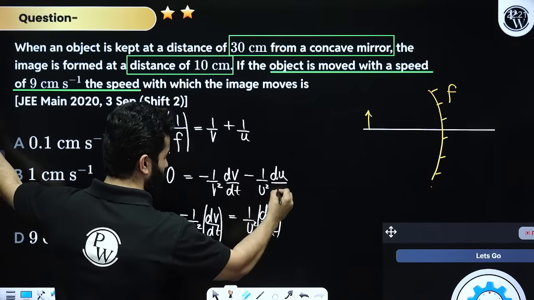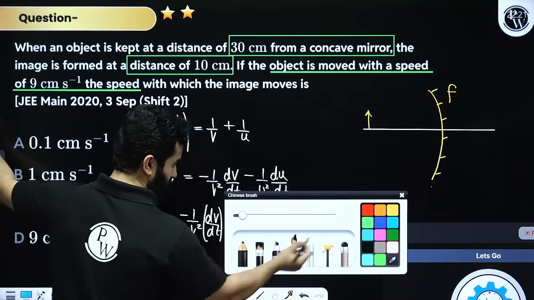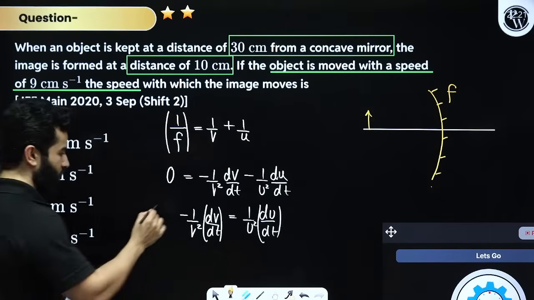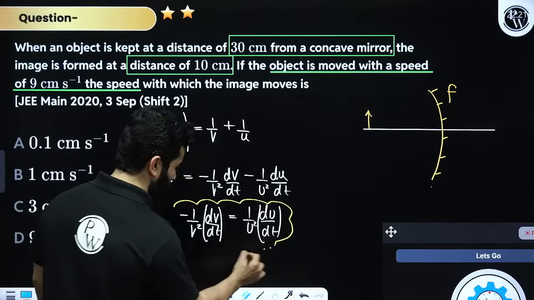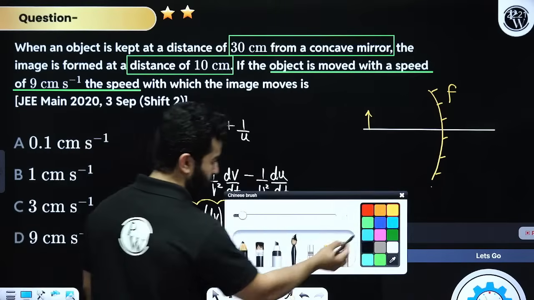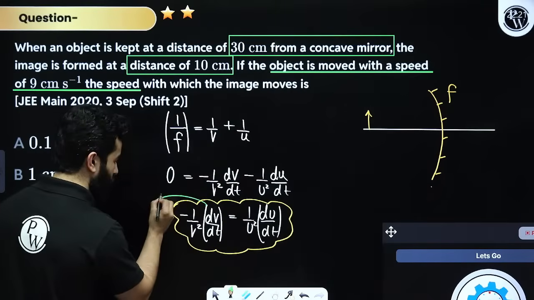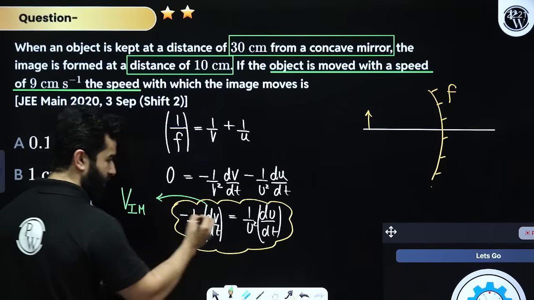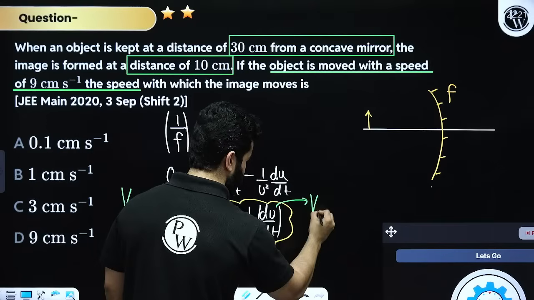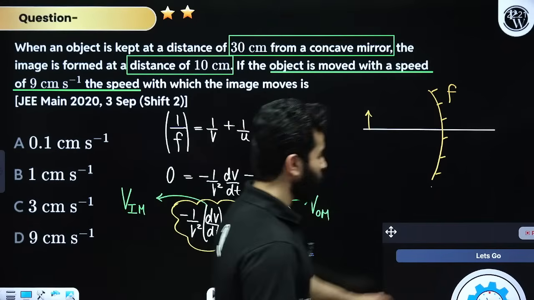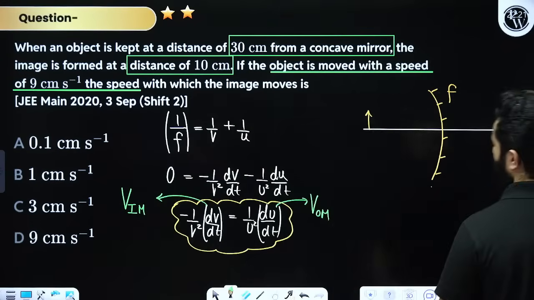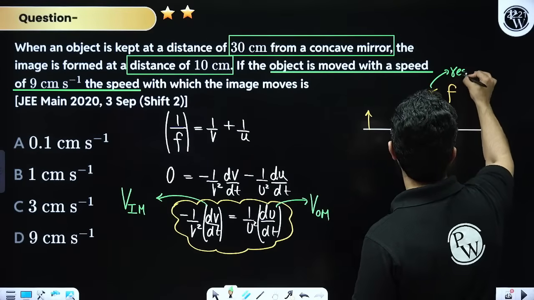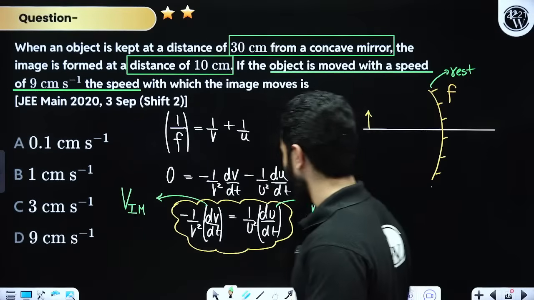And from now on you can simply remember it. See why I am explaining this derivation: in your JEE-NEET exam they can also tell you that this is velocity of image with respect to mirror, and this is velocity of object with respect to mirror. But right now, because they have not mentioned anything about the mirror itself, we are going to assume obviously it is at rest, so we don't have any problem.